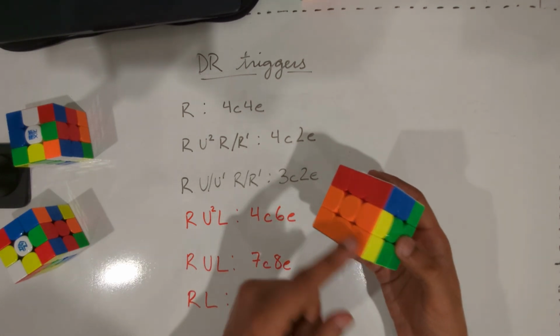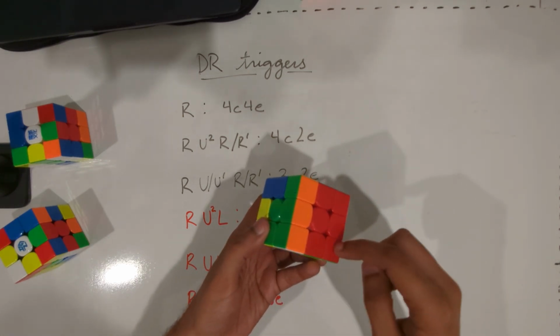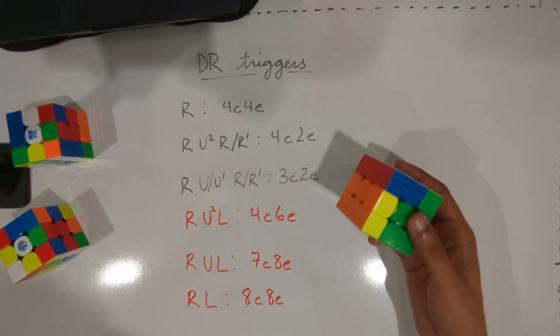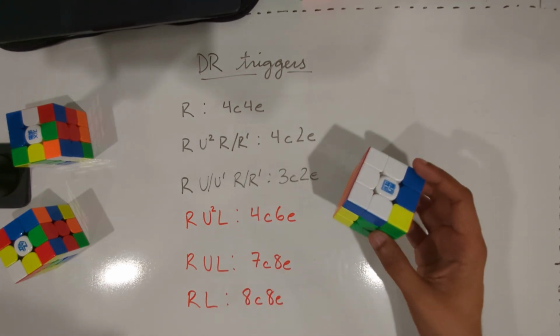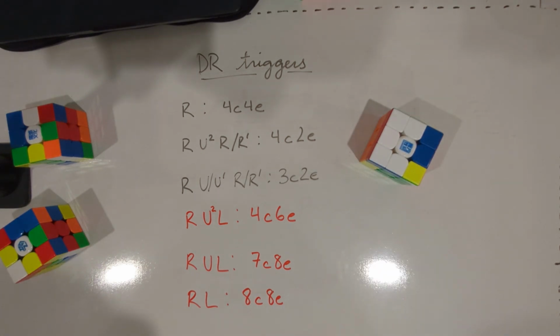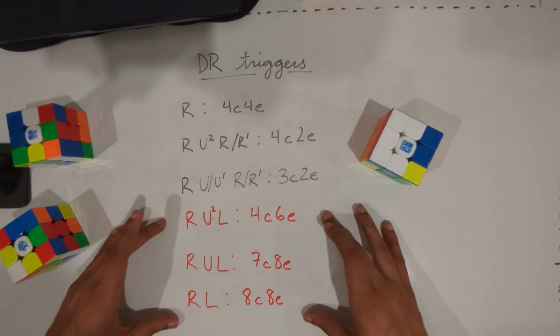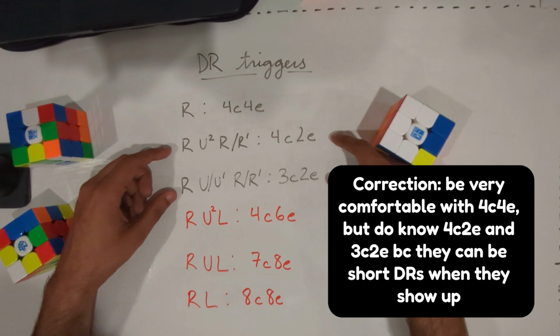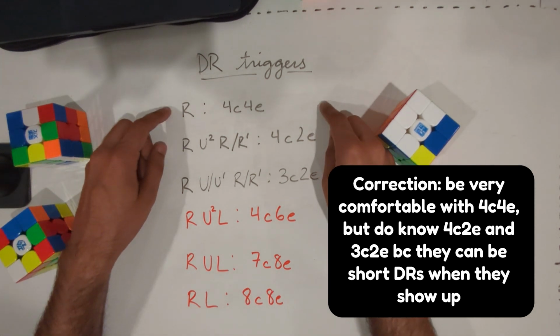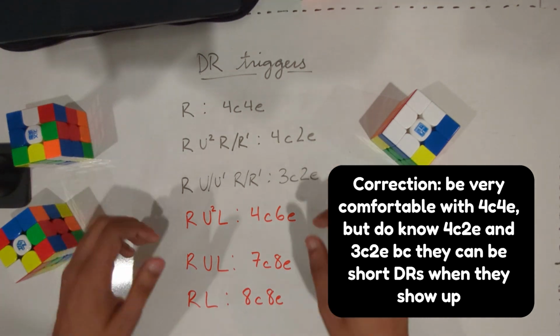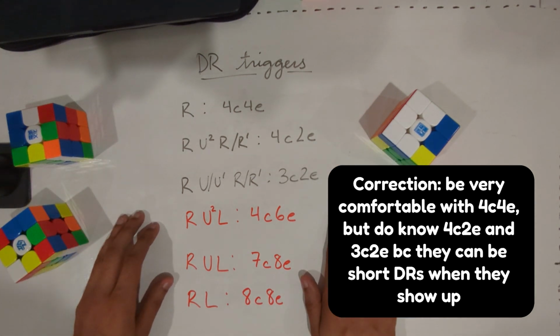It's pretty specific in terms of where the pieces need to go in order to solve DR. The only reason I was able to get it to work was because it was already set up in a pretty easy way. So all that to say is you can ignore these, and you can almost always ignore these two as well. Even if you just focus on 4C4E, you're good to go. You'll be good in order to get most DRs efficiently.